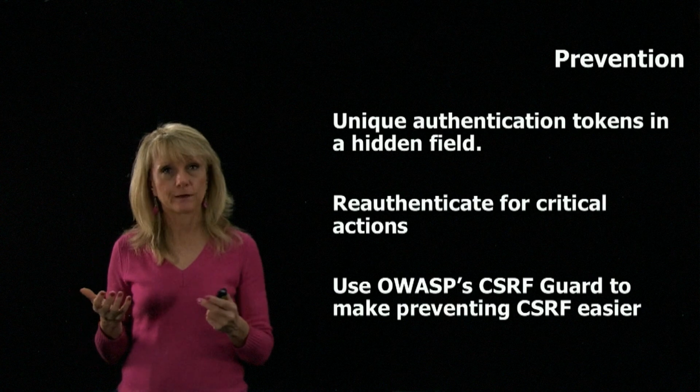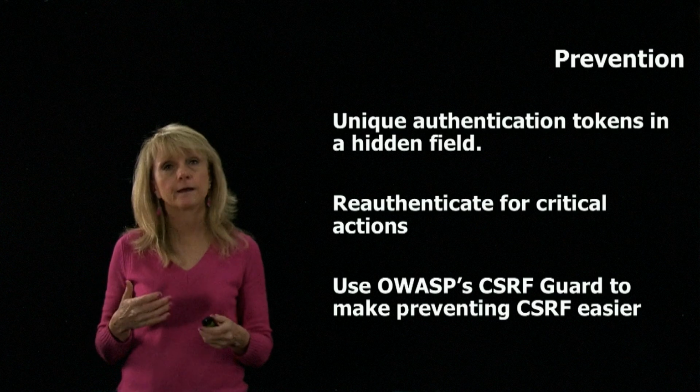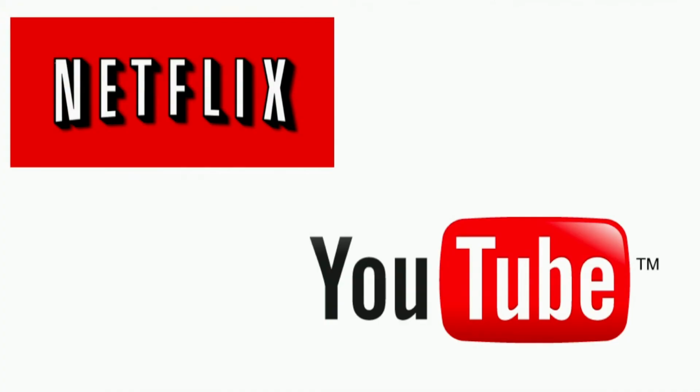You can also, I would advise you to look at the OWASP cross-site request forgery guard to prevent it in many ways. Some examples of actual attacks, and I'll say both of these have been closed up, but there were times back in 2006, 2008, where both Netflix and YouTube fell prey to this. Why is that?